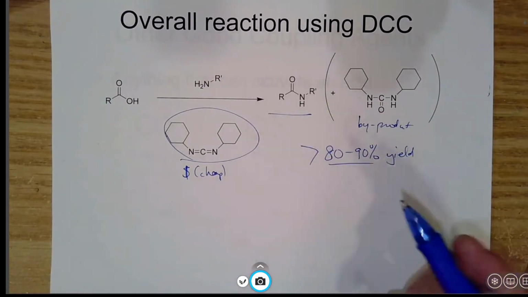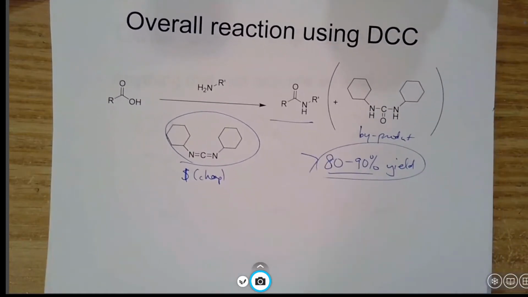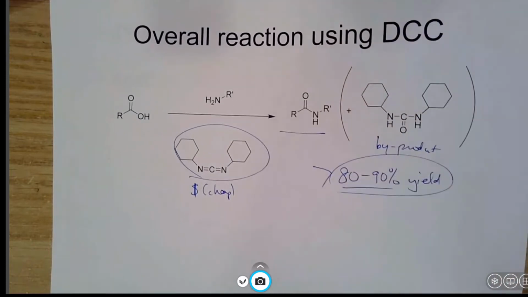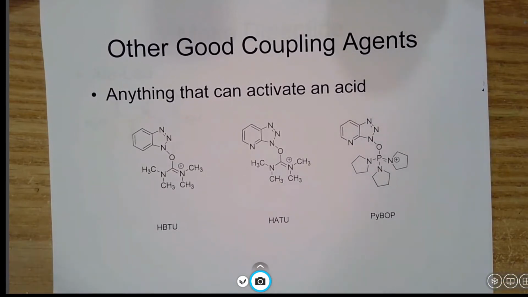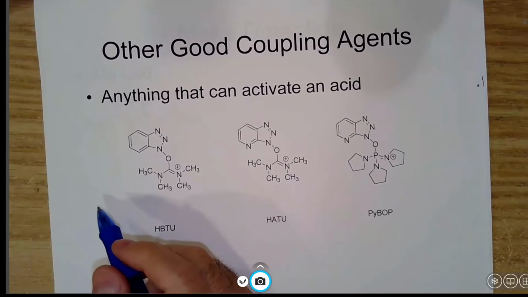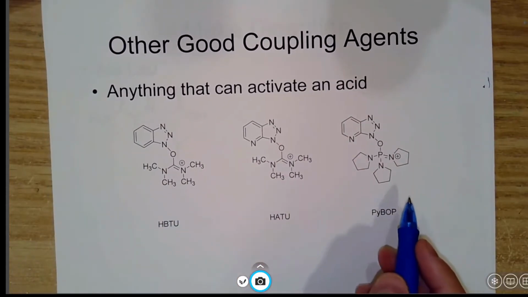But later on, I'll tell you that 80 to 90% yield maybe isn't that great when you're doing several amide bonds in a row. Okay, so DCC is one example of a coupling reagent. Other examples of good coupling agents include these 3 characters here.